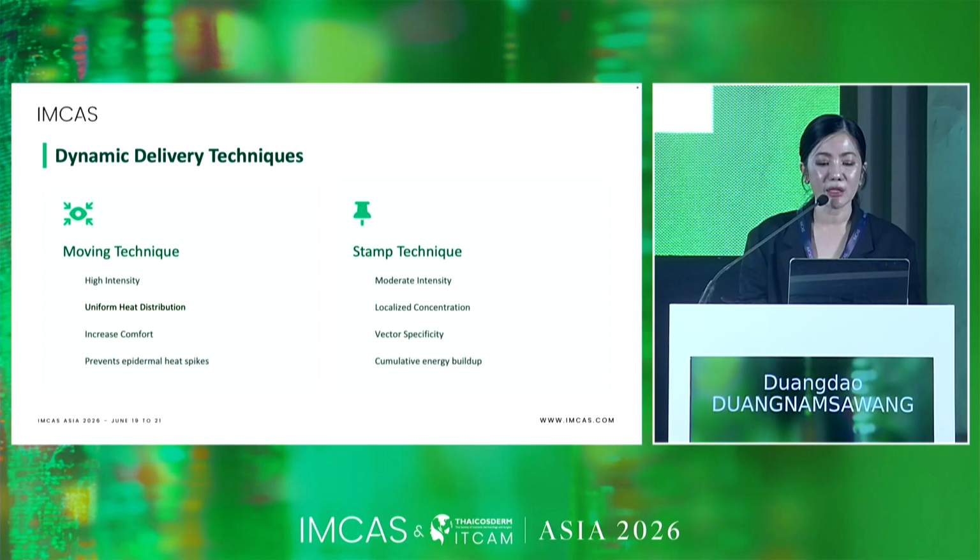But with the stamp technique, you can use only mild to moderate density, and you use a localized concentration at the same place. You can do vectors specifically because you have done the mapping before. The energy builds up cumulatively.